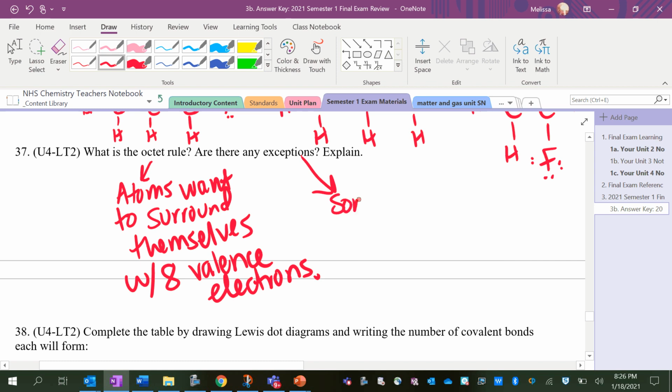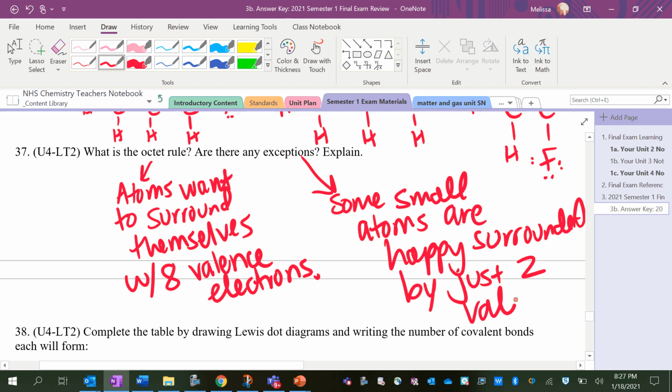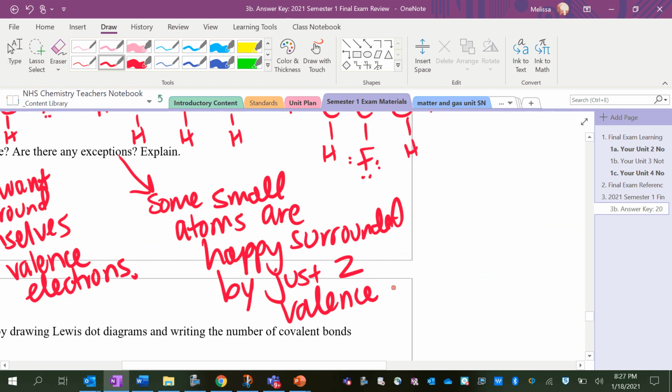Yeah, some small atoms like hydrogen are happy surrounded by just 2 instead of 8, by just 2 valence electrons. So, i.e., hydrogen.